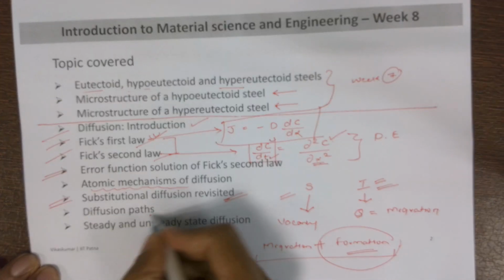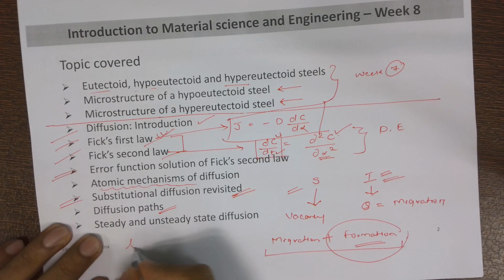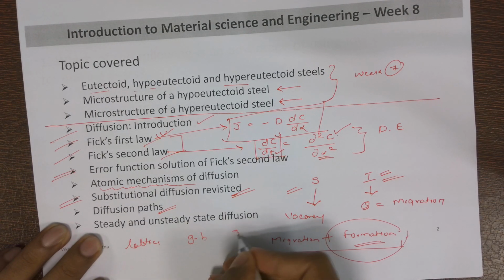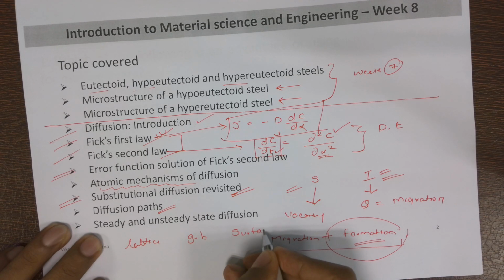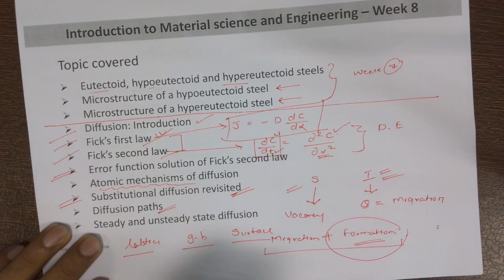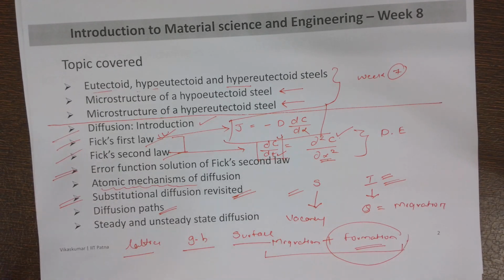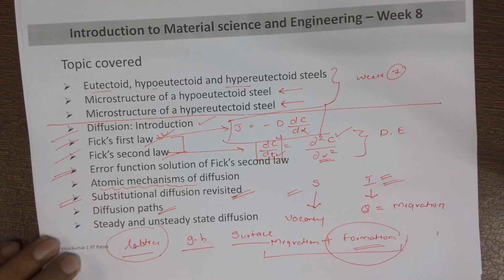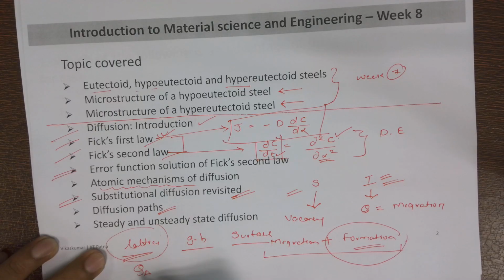Then we discussed the diffusion path. We saw that there is the lattice, the grain boundaries, and the surface. What is the variation in them? It's the broken bonds. The lattice is the most stable, so if I want to move anything through the lattice, the diffusion activation energy will be very high.